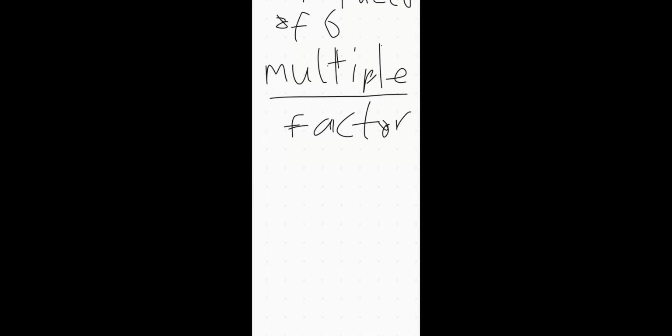Let's consider a number like 6. 2 times 3 is 6. 1 times 6 is 6. So if I asked you to list all the factors of 6, you go 1, 2, 3, 6, isn't it?